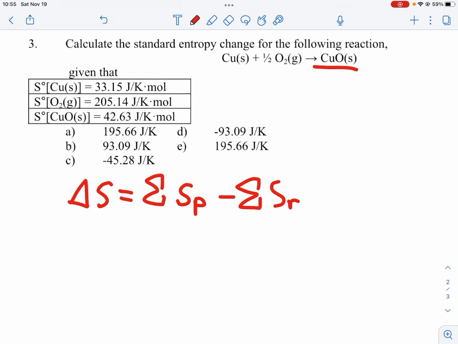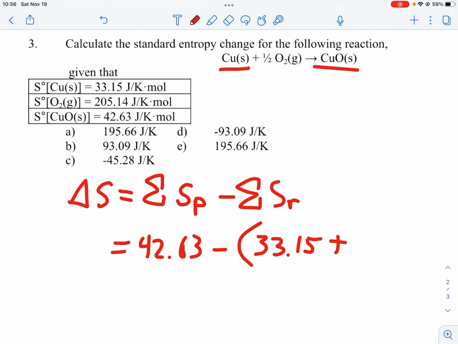So we take the products, and we would put in 42.63 minus parenthesis. Take one of the reactants, we put 33.15 plus, because it's the summation, 1/2, because we always have to put in the mole ratios, times 205.14.